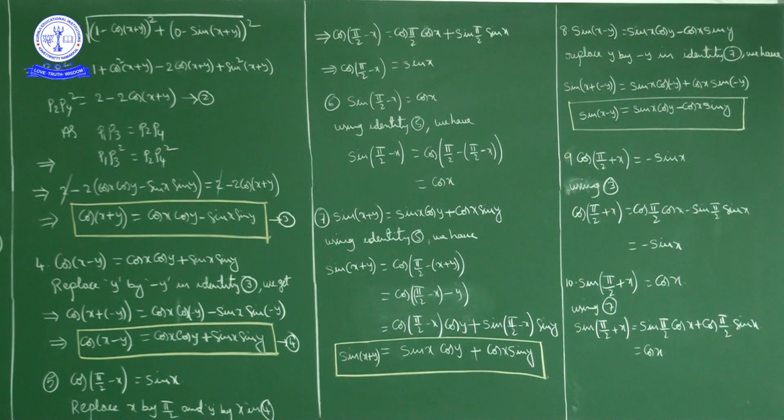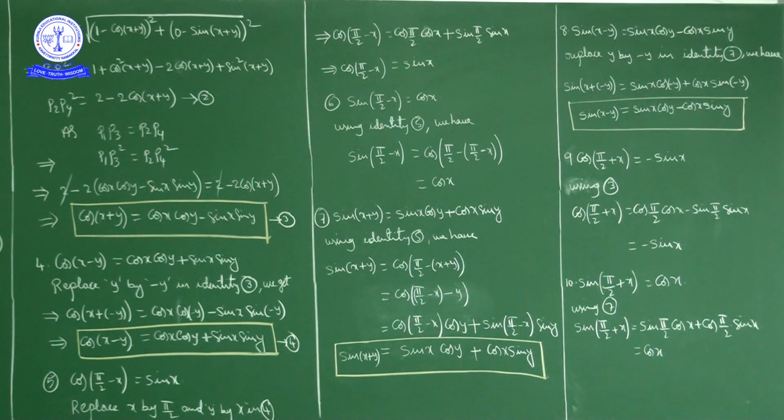Okay, cos of minus x is cos x, secant of minus x is secant x. Okay, next, what is third identity? Cos x plus y is equal to cos x cos y minus sin x sin y. Okay, cos x minus y is cos x cos y plus sin x sin y. Okay, cos pi by 2 minus x is sin x, sin pi by 2 minus x is cos x. Okay, next, sin x plus y is equal to sin x cos y plus cos x sin y.